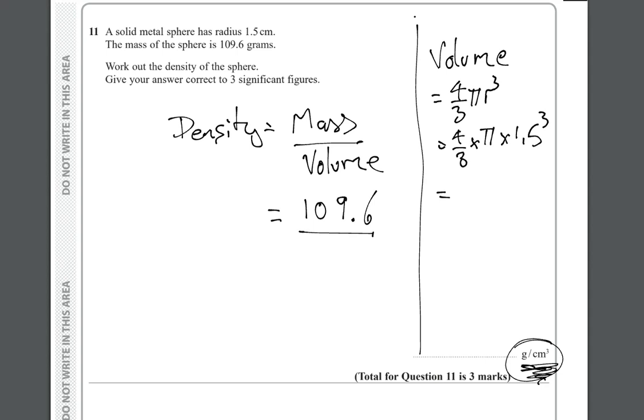So 4 divided by 3 times pi times by 1.5 to the power 3 is 14.13716. Using lots of digits again, so density is mass over volume, so I've got to divide by this number.